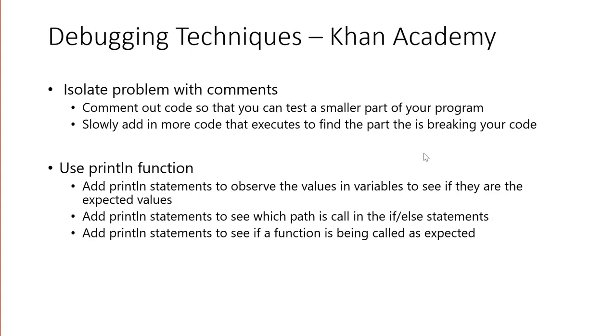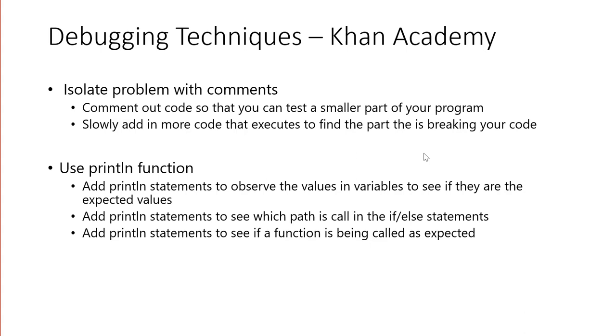There are a few different debugging techniques, and it depends upon where you're writing the code, what techniques you can use. On Khan Academy, the first technique you can use is to isolate the problem with comments. Comments are non-executable statements in your code. Remember, you can put a // or a /* closing with a */, and that makes it so anything within that syntax will not be executed.